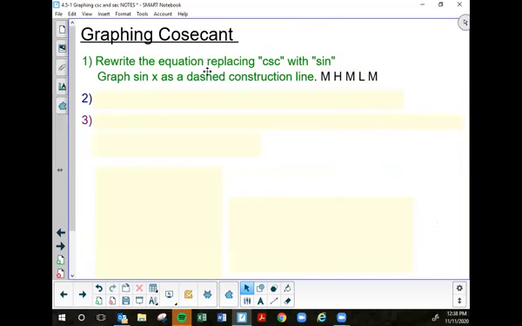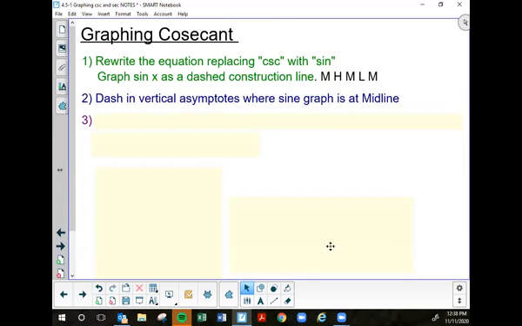And that's going to give you all the construction that will help you draw your actual cosecant. Every time there's an m, you replace it with an asymptote. You'll draw a vertical asymptote through every m, and then you'll smile on the highs and frown on the lows. That's literally what you do.